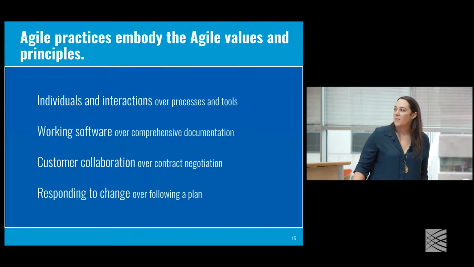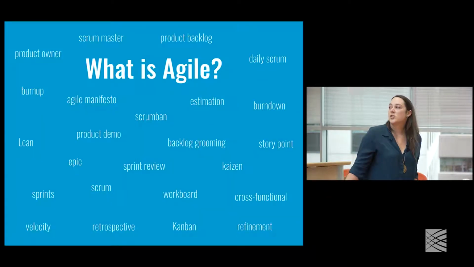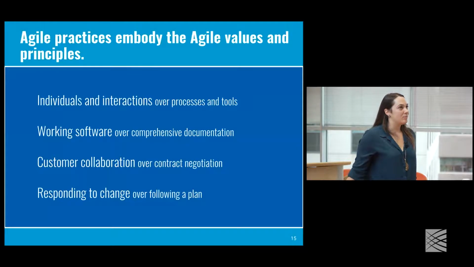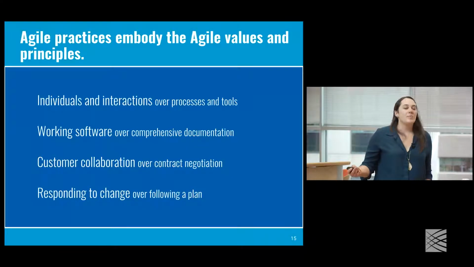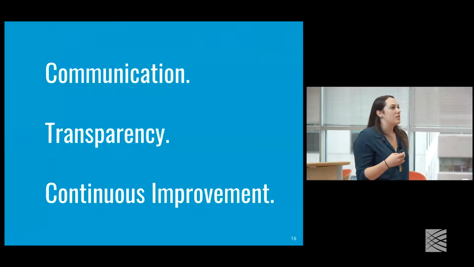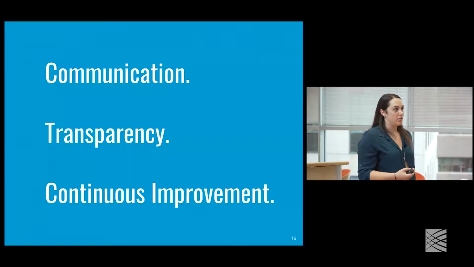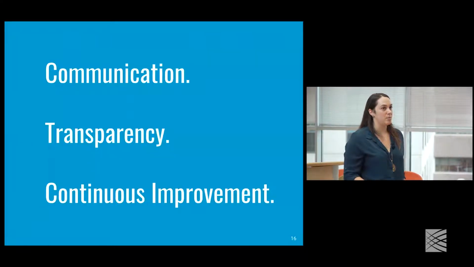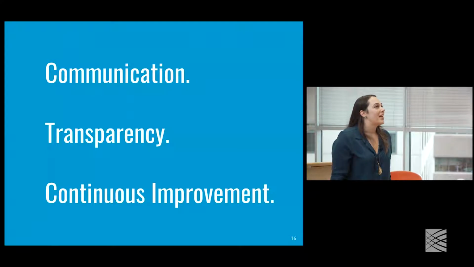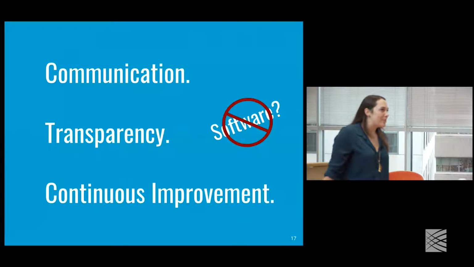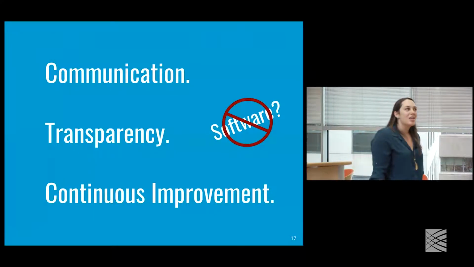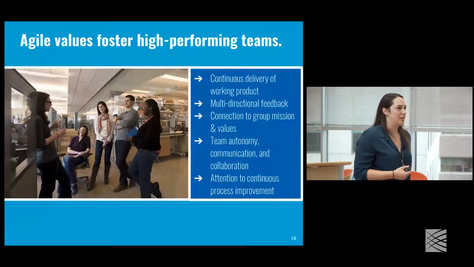So all of these things here serve to support these 4 values. And ultimately, you can boil these further down into 3 characteristics fostered within teams: communication, transparency, and continuous improvement. Notice that nowhere does this say software specifically, because the Agile values support high-performing teams.